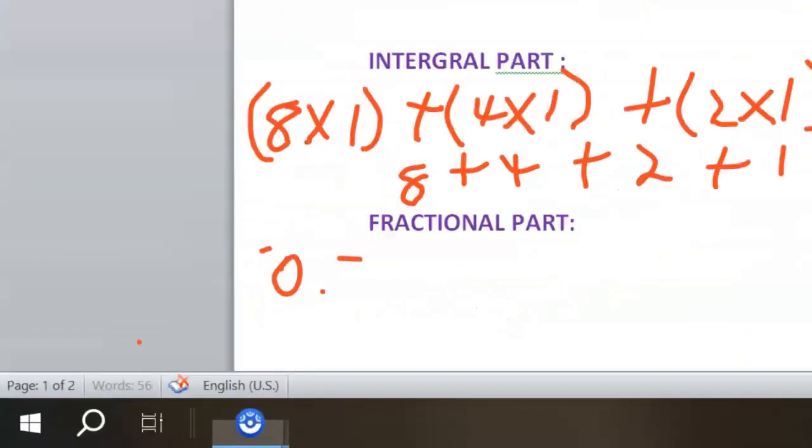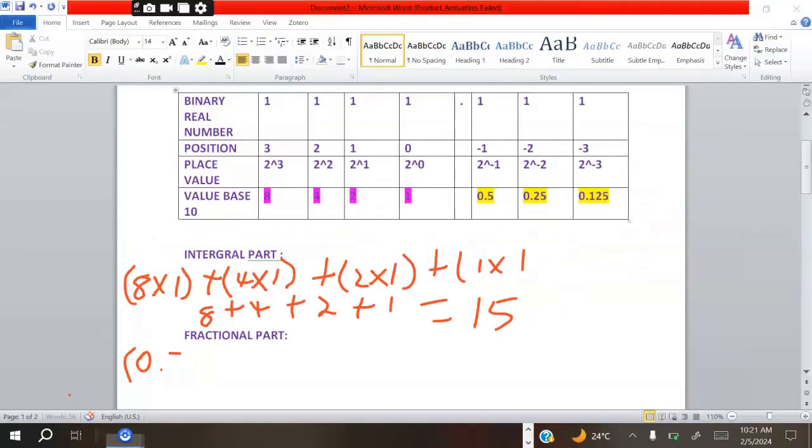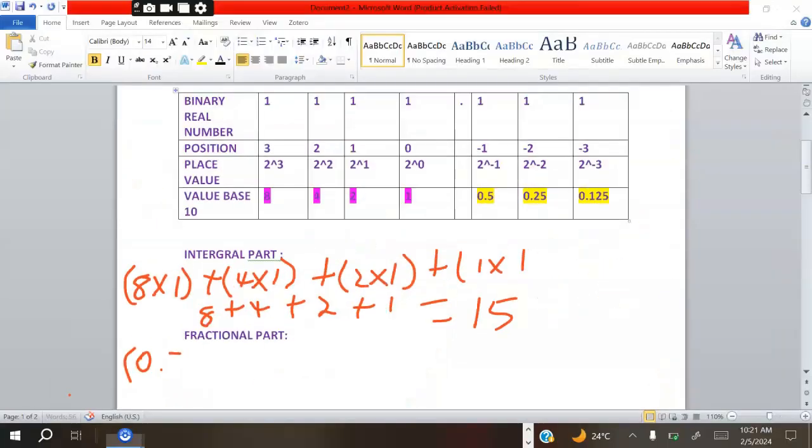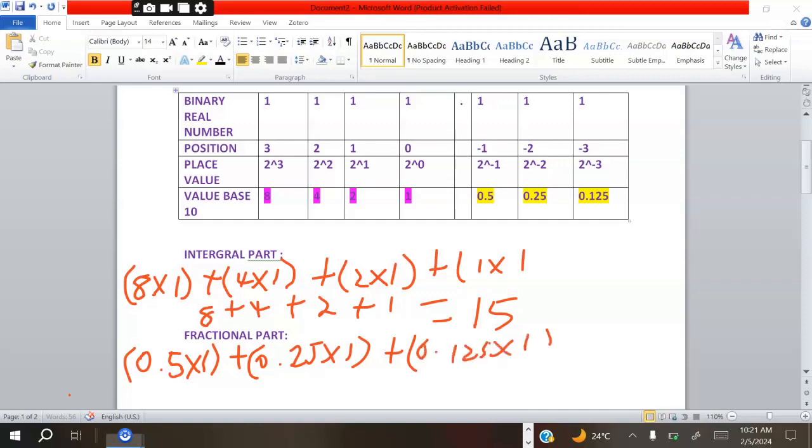Okay, let's move to the fractional part, that is 0.5. Let me zoom in. So we have 0.5 multiplying by 1 plus the other part is 0.25 multiplied by 1 plus 0.125 multiplied by 1.